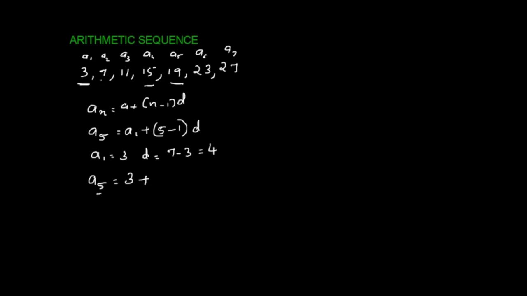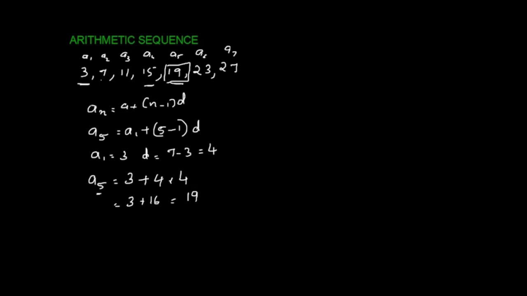So 3 plus 5 minus 1, that is 4, into the common difference, which is 4. That is equal to 3 plus 16. 4 fours are 16, and 16 plus 3 is equal to 19. You can check this answer also. a5 is equal to 19.